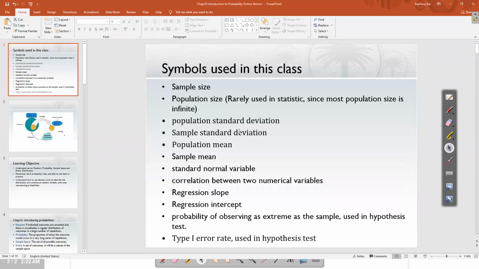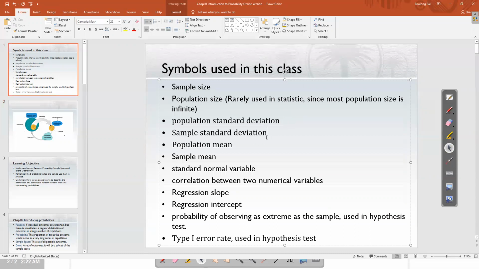So again, the symbols. Please get familiar with the symbols. Sample size, what symbol do we use? Small n, right? And population size, big N. Population standard deviation, sigma.